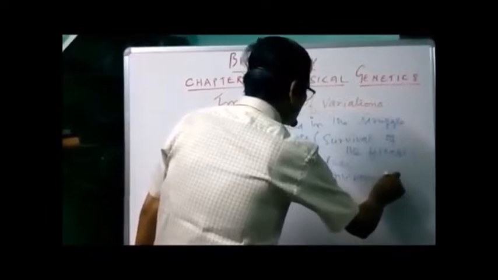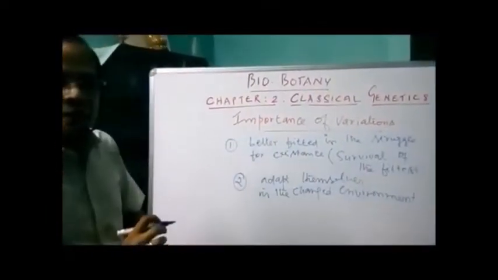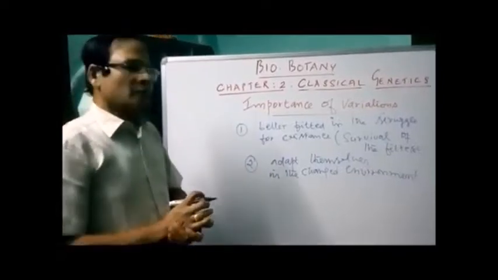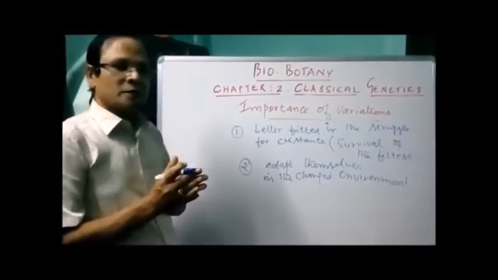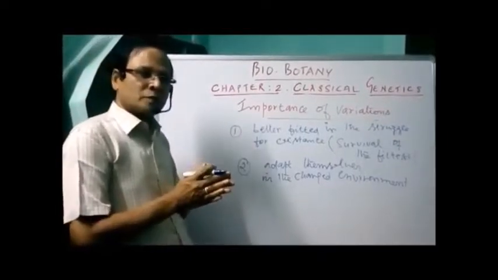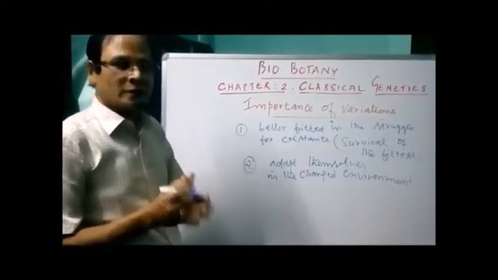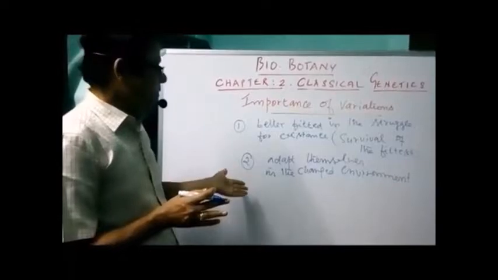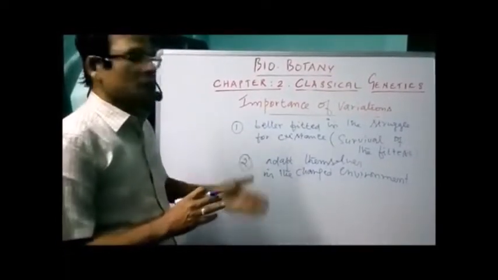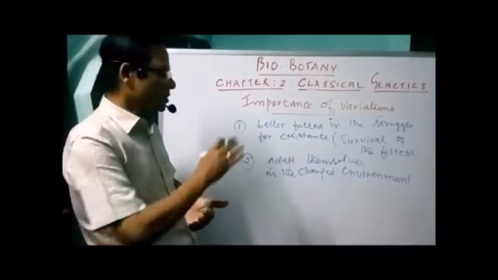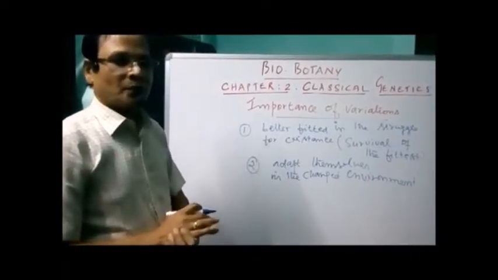According to Lamarck and other Lamarckians, adaptations are universal in nature. Those organisms which are able to adapt themselves to the changed environments can survive. So here, because of variations, the organisms are able to adjust themselves to the changed environmental conditions.